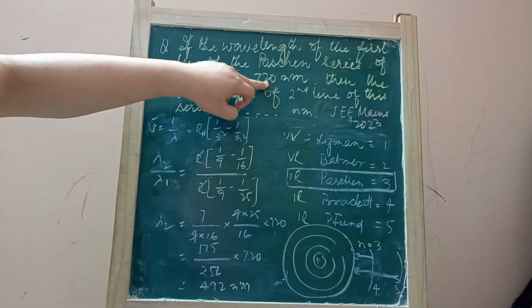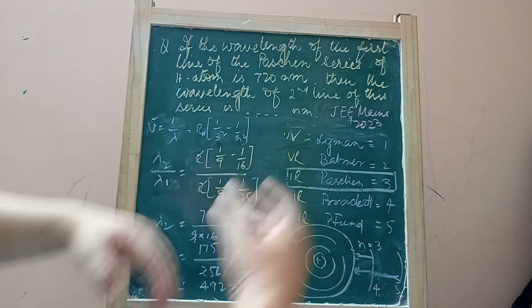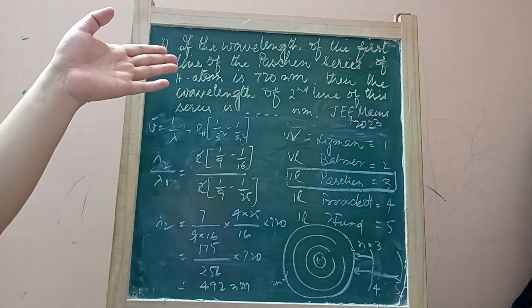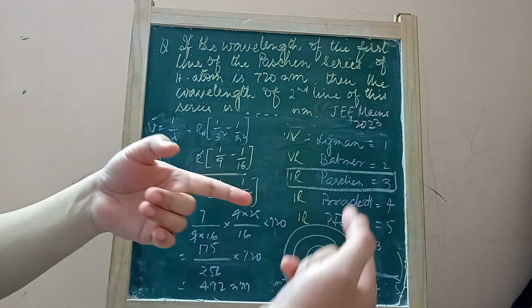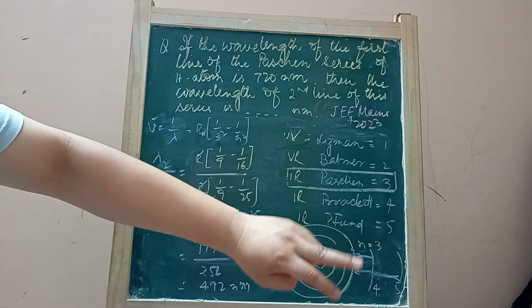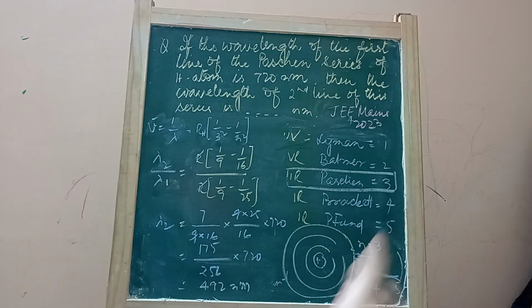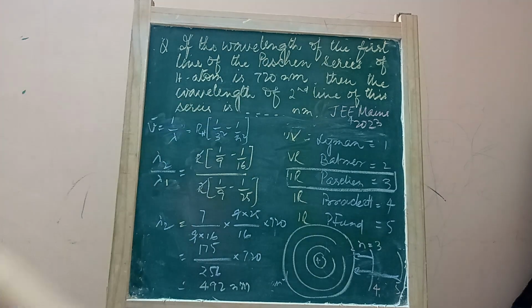Fourth to third is this. The electron is going to jump to the third orbit, and that's why it's called the Paschen series. The first line will be from fourth to third, the second line from fifth to third, and the third line from sixth to third. That is what first line, second line, and third line mean for the Paschen series.